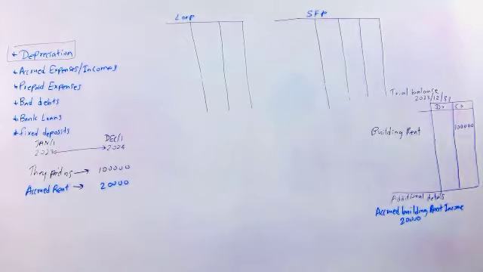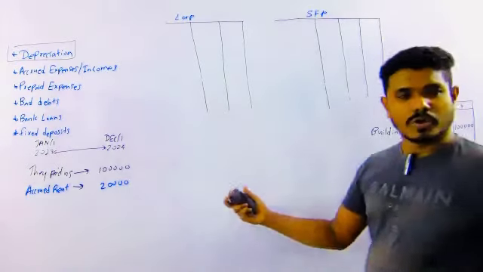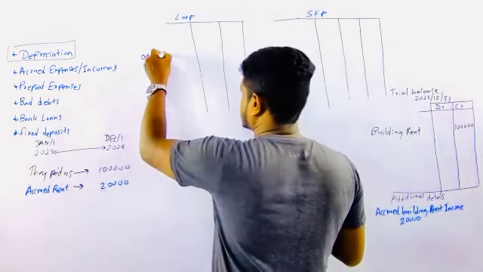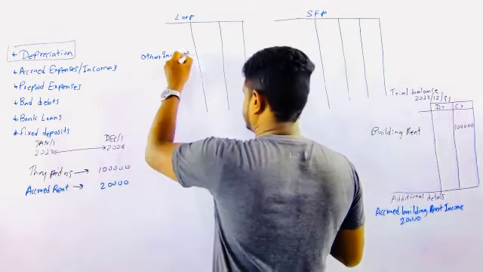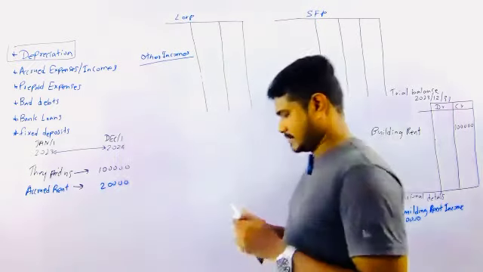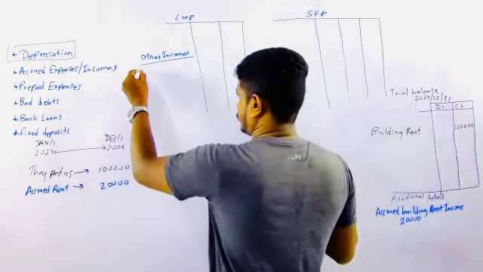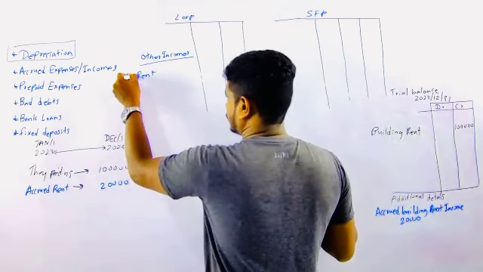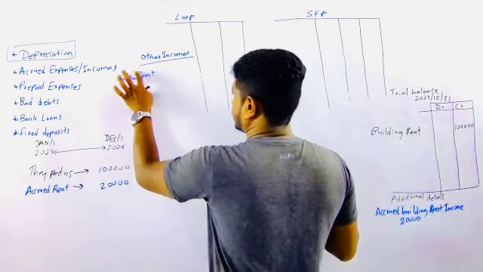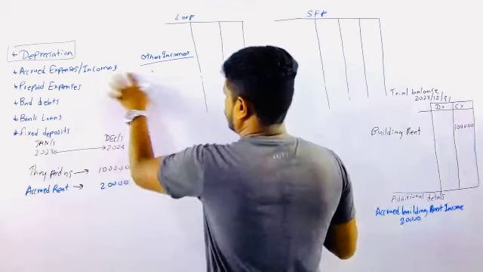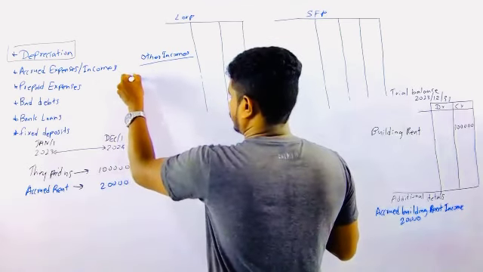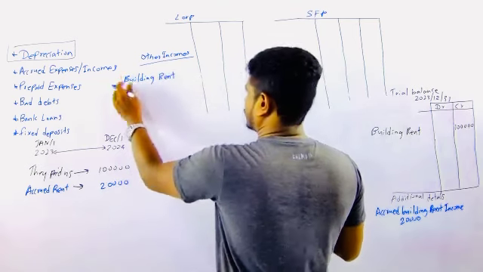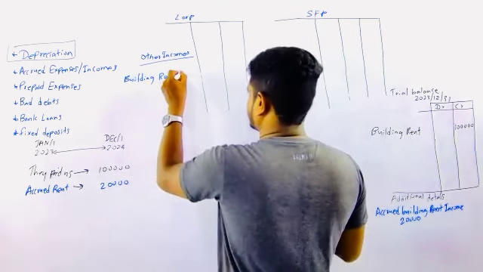So this is an income, no? So incomes we have to input under other incomes in the loss or profit statement as building rent income or building rent received, no problem, right?